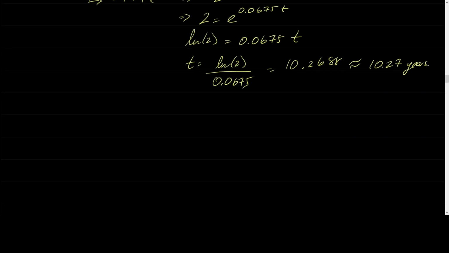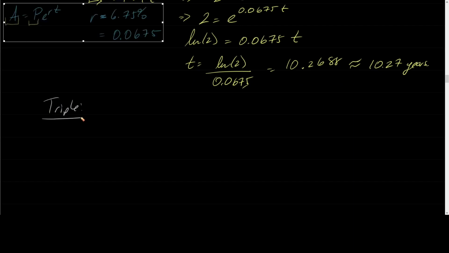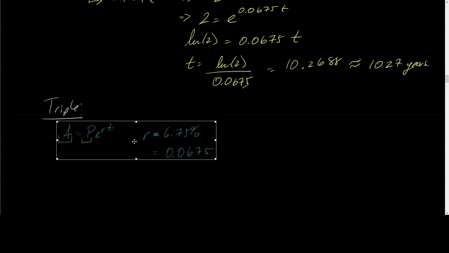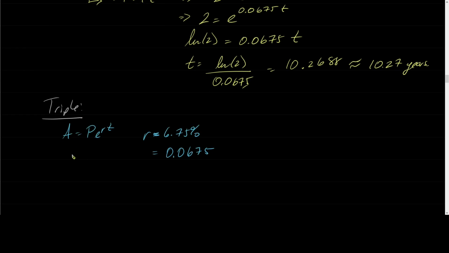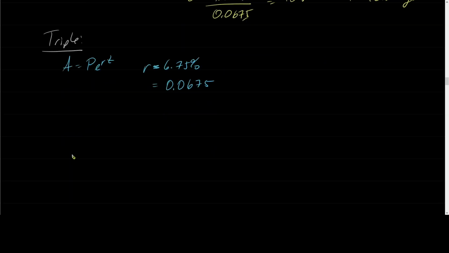Well, let's think about that. So tripling it. We're going to start with the same information. We still have this formula of A equals Pe to the rt. The interest rate is still the same. What changes here, however, is the amount that we want to end up with, because we want to triple it.